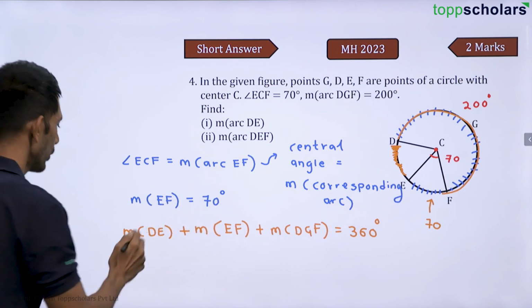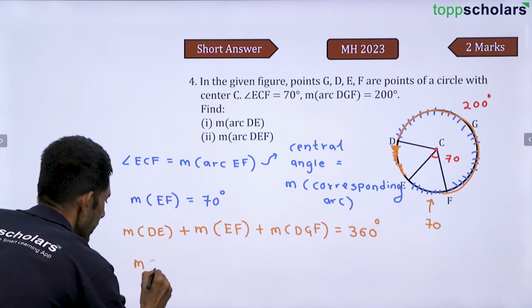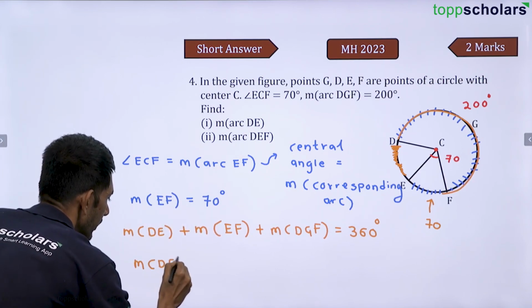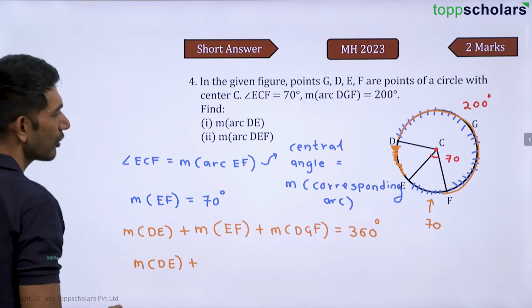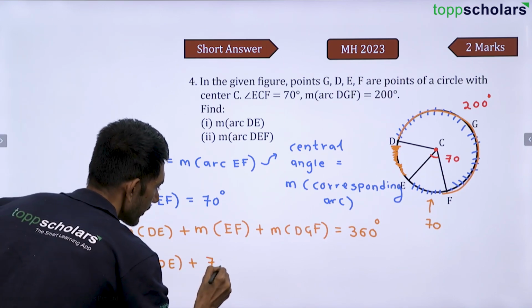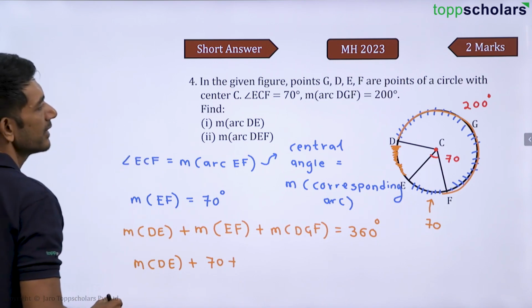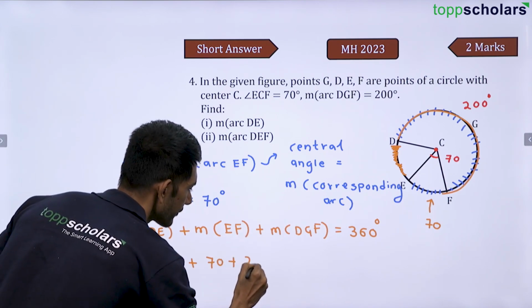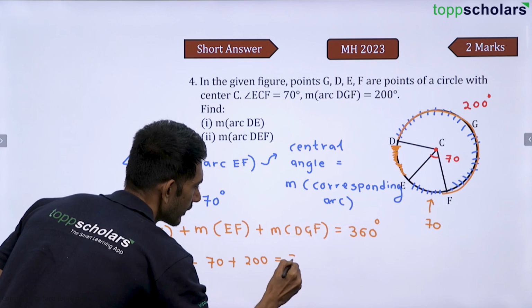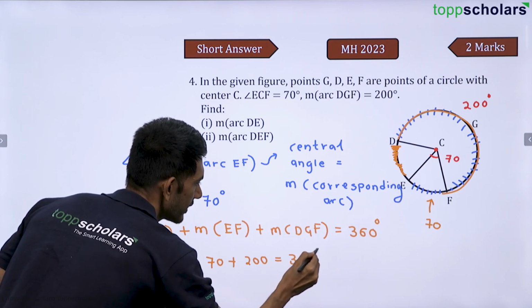But DE we don't know. So can I say measure of DE plus EF, EF is 70, plus this is 200, is equal to 360.